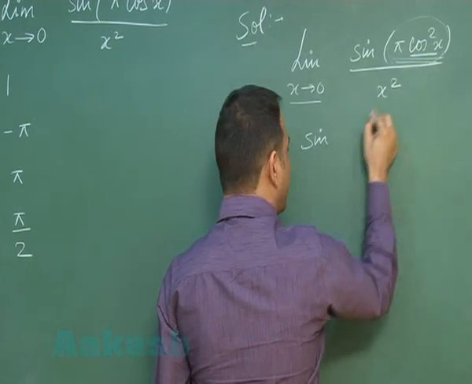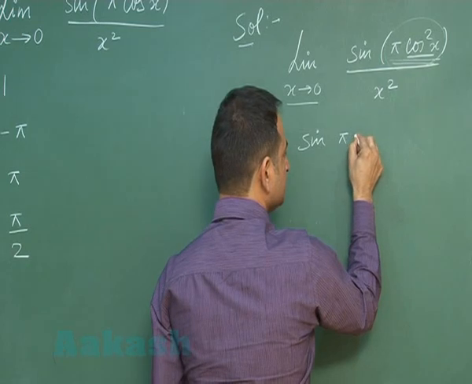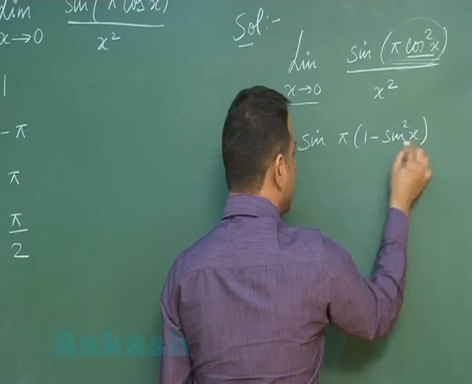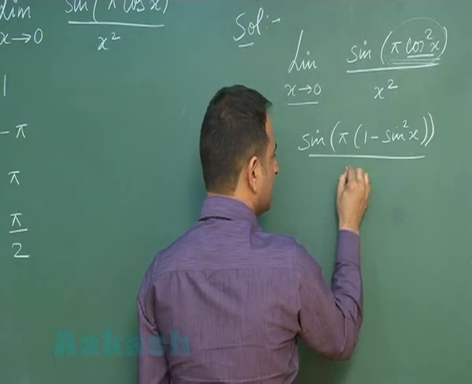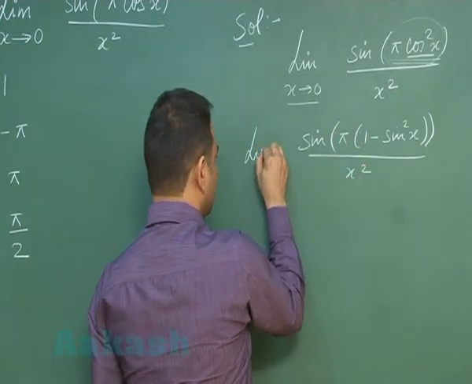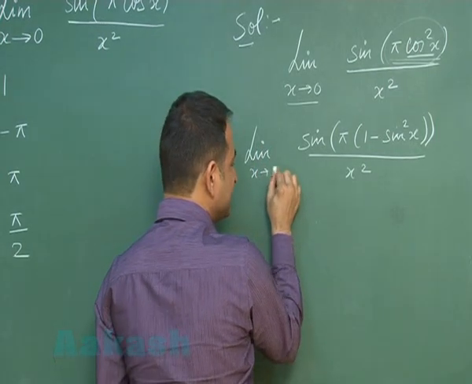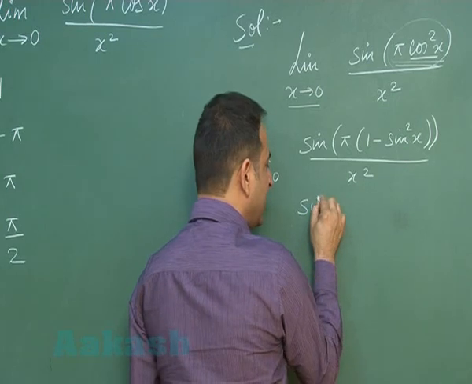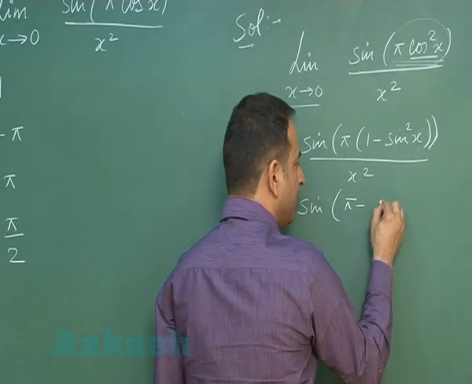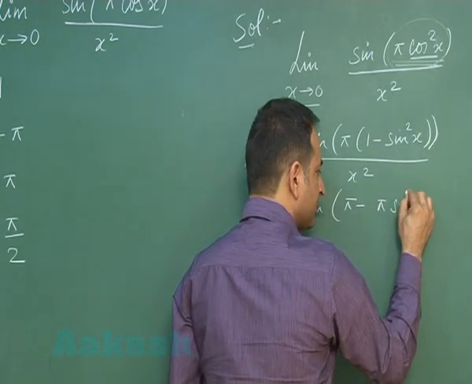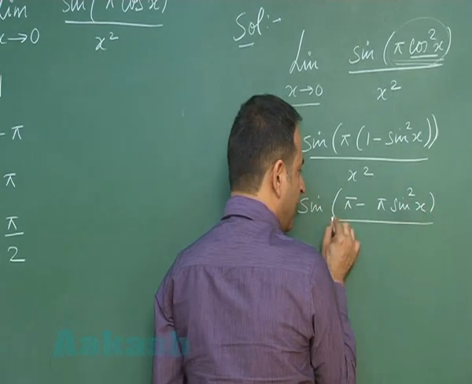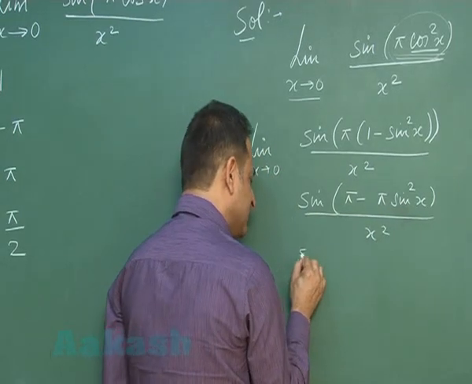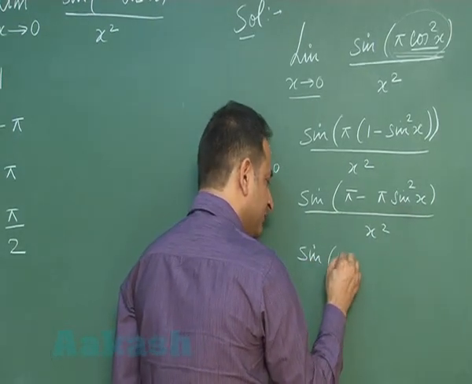We can write this pi cos square x as pi times (1 minus sine square x). Now you can see here, this becomes sine of (pi minus theta), and we know sine of pi minus theta is sine of theta.